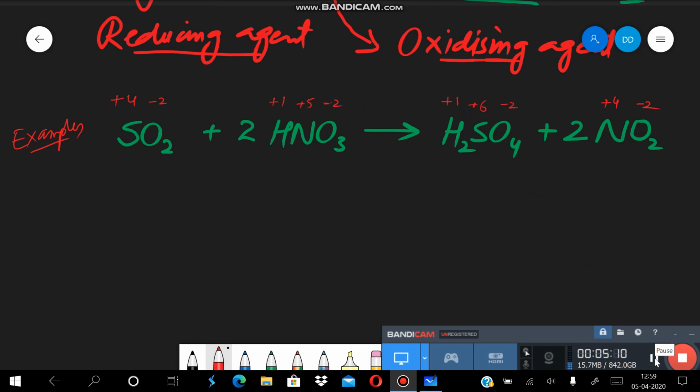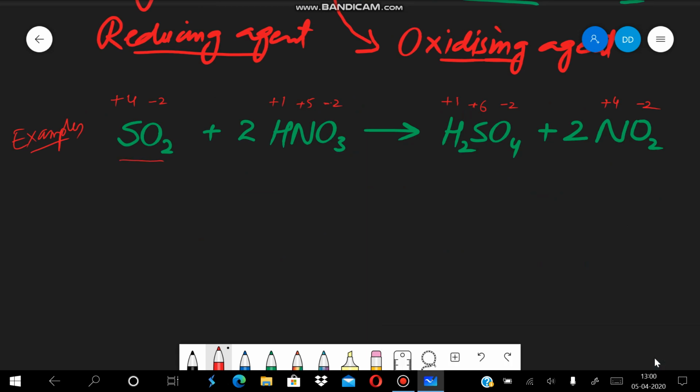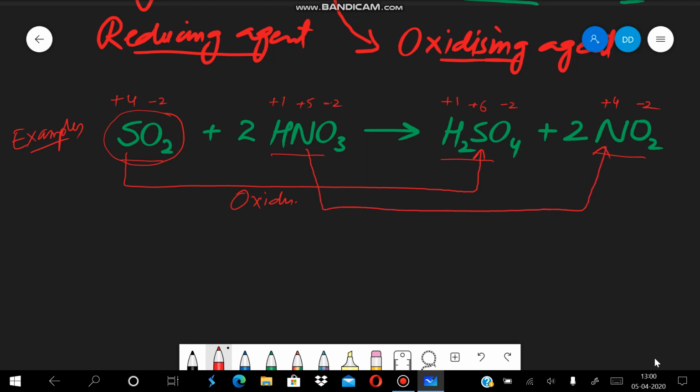Now, here is a reaction in which sulfur dioxide reacts with nitric acid and forms sulfuric acid and nitrogen dioxide. Now, I have written the oxidation numbers of the elements above their formulas. You can see that sulfur undergoes increase in oxidation number. It means it undergoes oxidation, or simply we can say that sulfur dioxide undergoes oxidation, and the oxidation number of nitrogen decreases from +5 to +4.